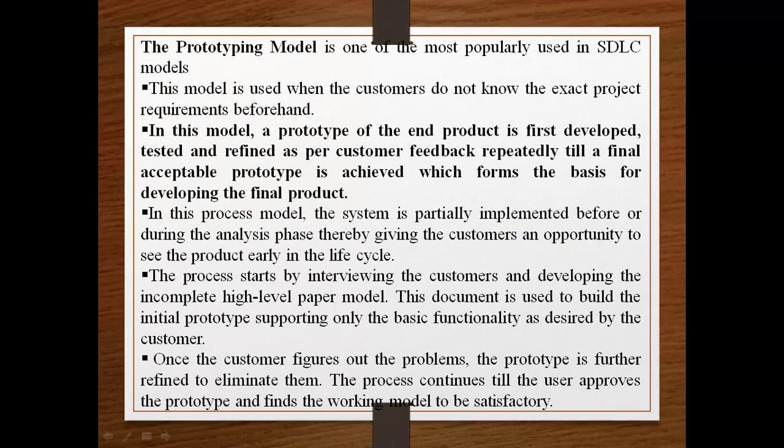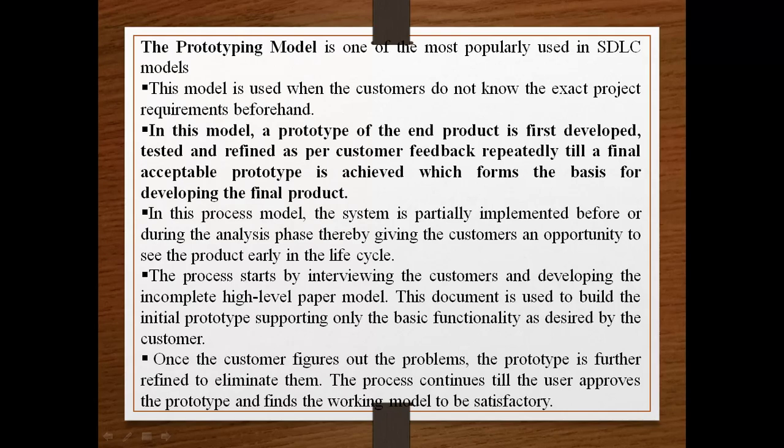It is one of the most popularly used SDLC models. It is used where the customers do not know the exact project requirements beforehand. In this model, a prototype of the end product is first developed, tested and refined as per customers' feedback repeatedly till a final acceptable prototype is achieved, which will form the basis for developing the final product.